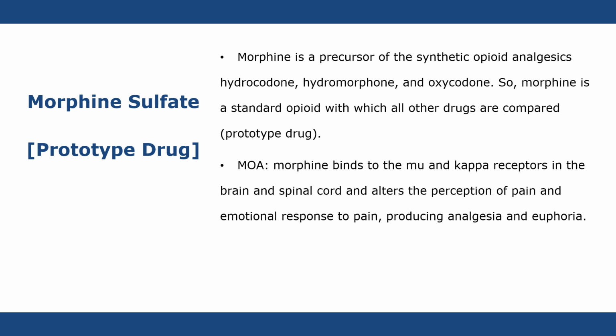The mechanism of action we already talked about. For most of the opioids, the mechanism of action is going to be very similar, right? They're going to bind to the mu and kappa receptors in the brain and spinal cord, and they will alter the perception of pain and also the emotional response to pain. So it will produce that analgesic effect and euphoria. You feel good. Now that doesn't mean that the pain doesn't exist, by the way, right?